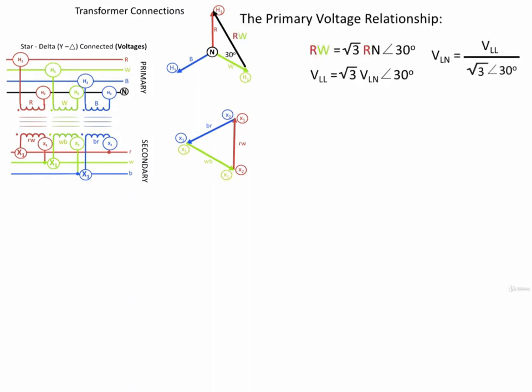The phase relationship on the primary side, we've already discovered that the line-to-line primary voltage is equal to root 3 times the line to neutral voltage on the secondary, and that the primary line-to-line voltage will lead the secondary line-to-line voltage by 30 degrees, giving us the equation there. And I can rewrite that equation just taking the line to neutral voltage primary on the left-hand side and putting it all equal to the voltage line to line all over root 3 at 30 degrees.